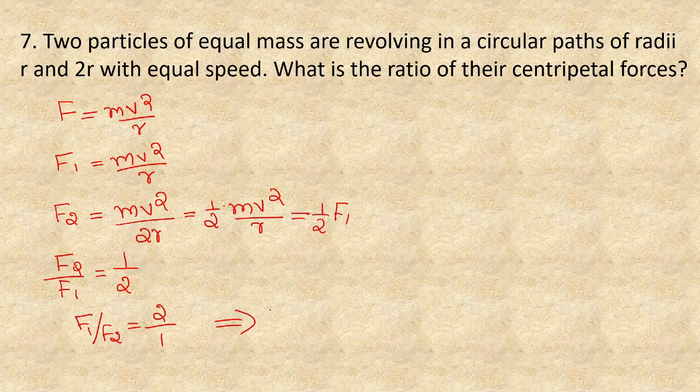Therefore, the ratio F1 is to F2 equals 2:1. That is the ratio of their centripetal forces, the first and second particles.